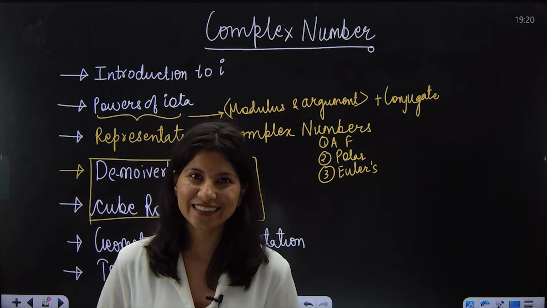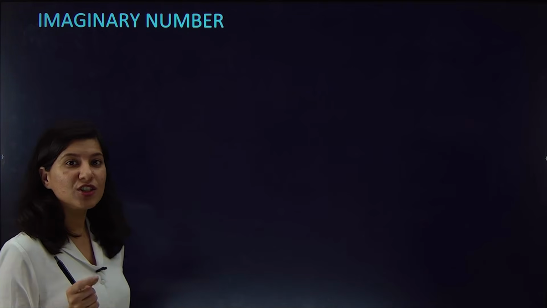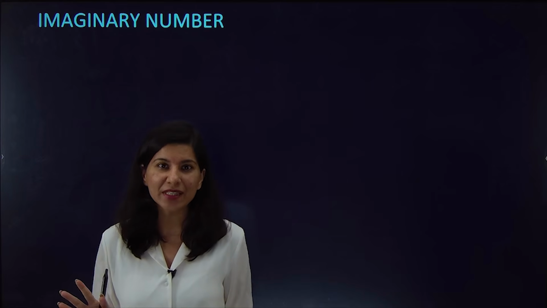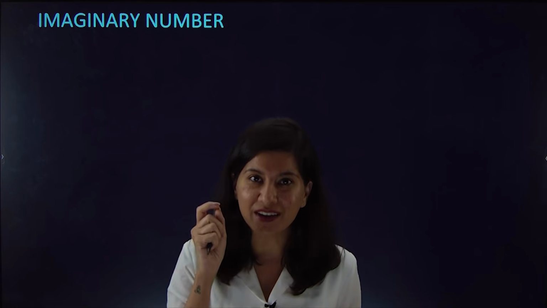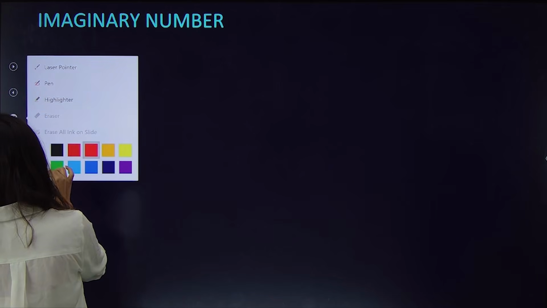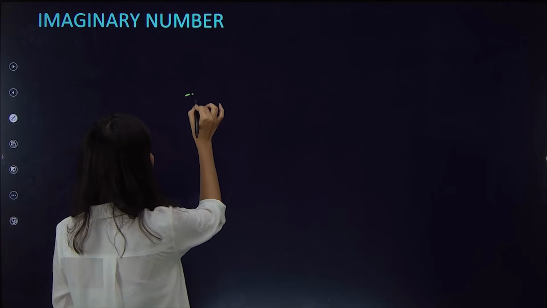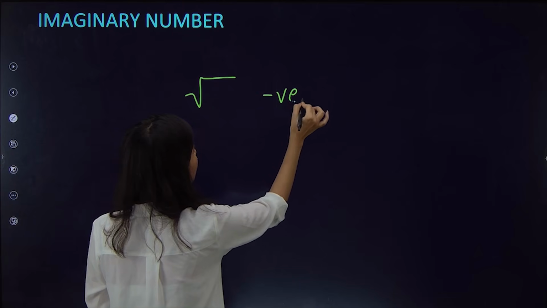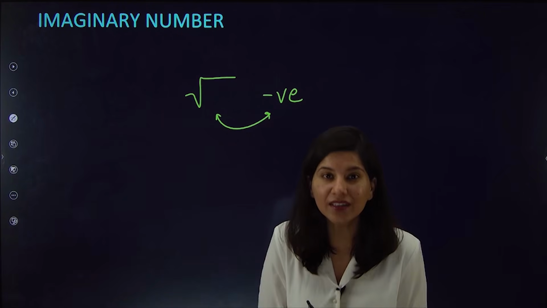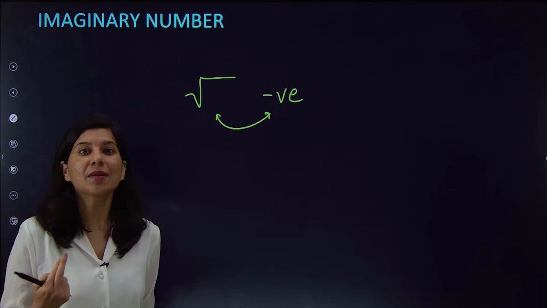Okay, so let's start. So let's talk about the imaginary numbers. We have talked about what real numbers are, right? We have seen real numbers, we have played with real numbers, we have spent enough time with real numbers. Now in this chapter, we are here to spend more time with imaginary numbers, right? So an imaginary number becomes imaginary when a square root and a negative quantity come together.